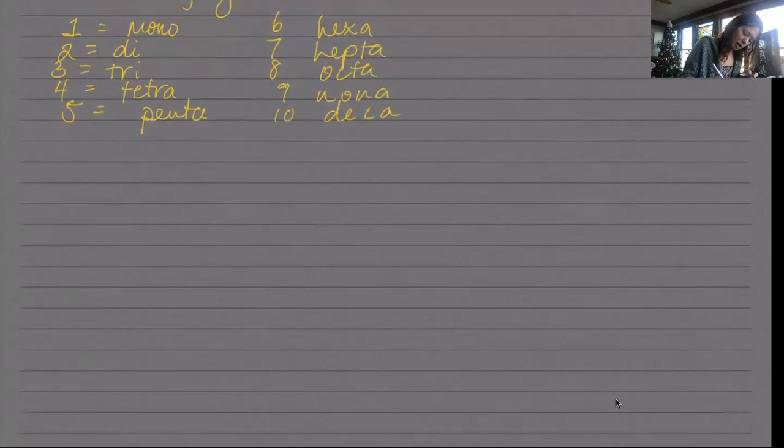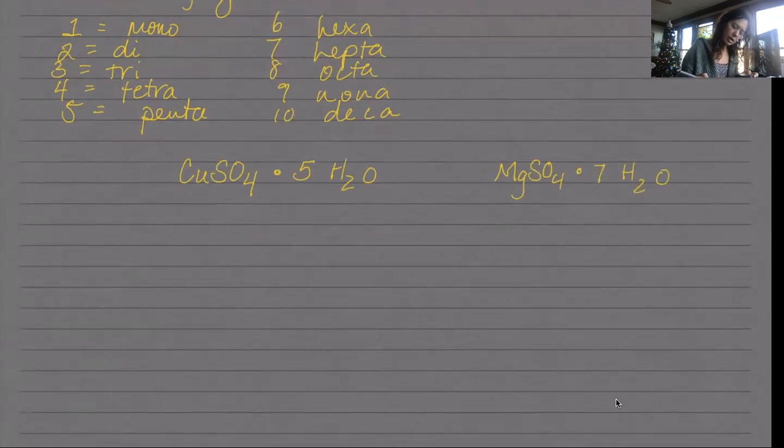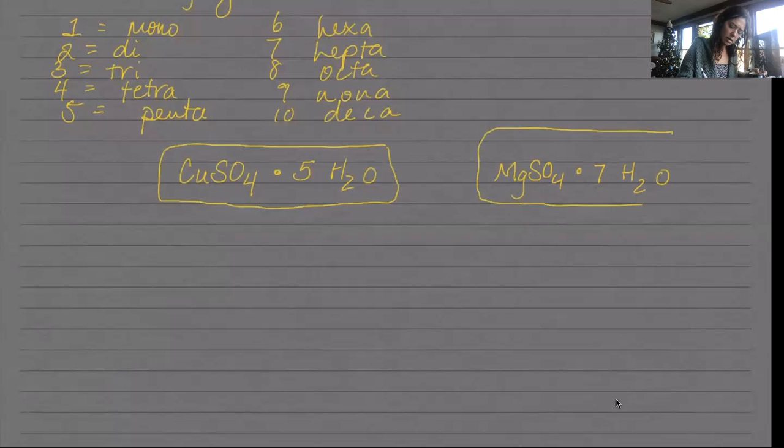So look at my example. Let's see, we have CuSO4.5H2O. Or let's have MgSO4.7H2O. Okay, this is what a formula for a hydrate looks like.